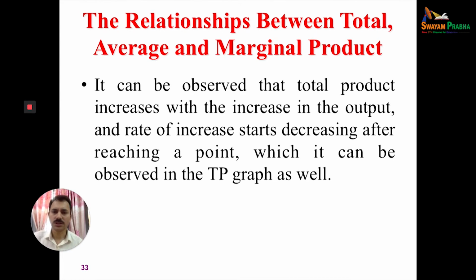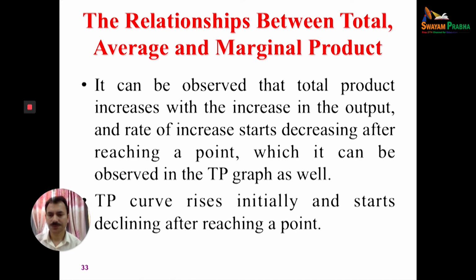The main observation is that the total product is increasing with the increase in input. The rate of increase starts decreasing after reaching the point A, which can be observed from the TP graph as well, as we have already discussed.